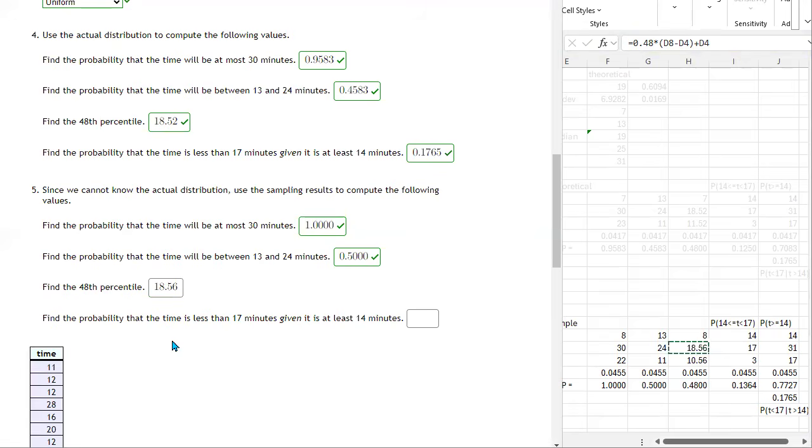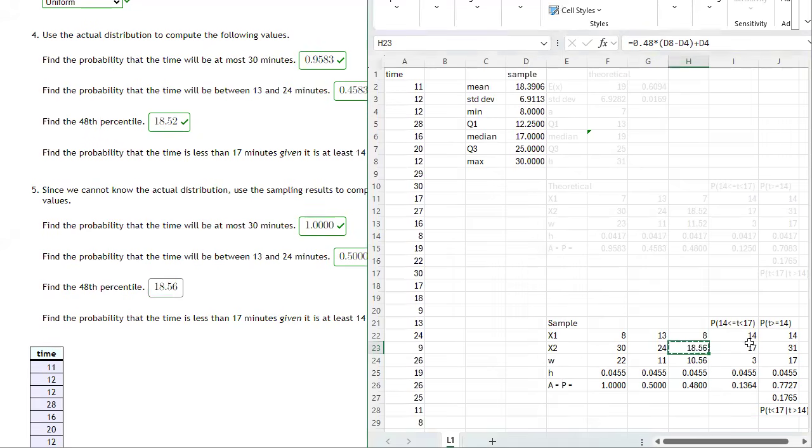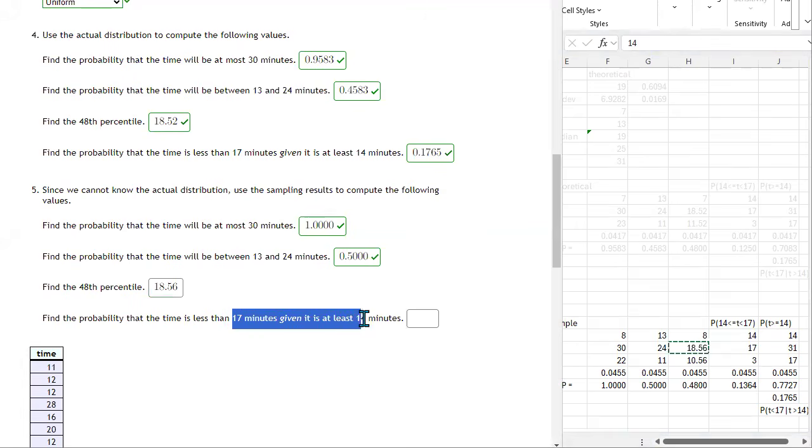Now we want to find the probability that time is less than 17 minutes, given it is at least 14 minutes. The 14 and 17 are given by these two values.